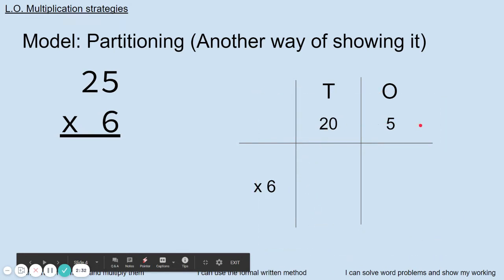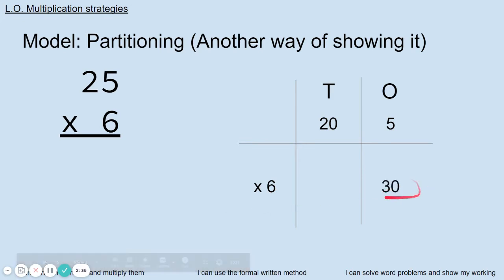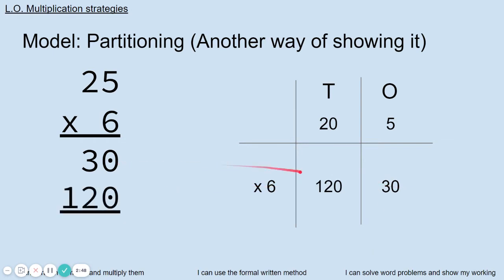So we've got our 2 numbers, and again we're going to multiply 6 by 5, and we get 30, and we're going to multiply 6 by 20, and where's 120 gone? There he is. Oh yeah, stick it in the box. And then 120 there, and then you can add them all up like that.